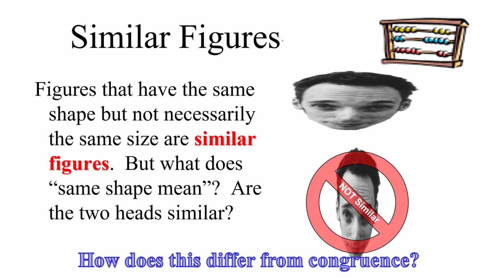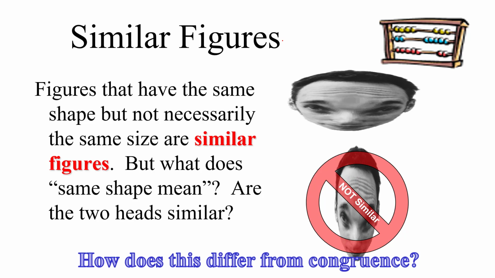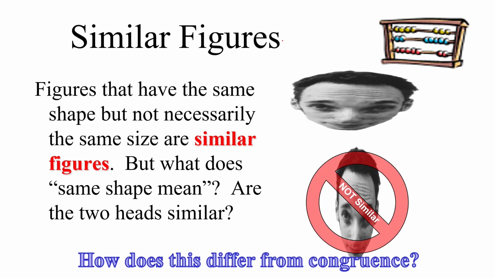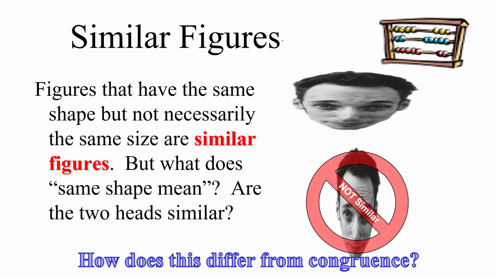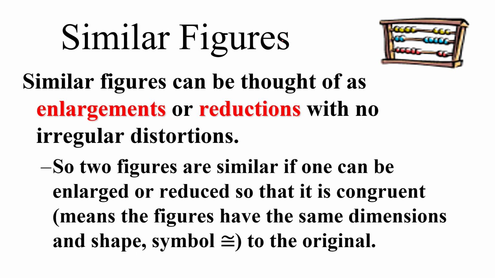That means these shapes cannot be horizontally stretched or vertically stretched. Similar figures cannot be horizontally shrunk or vertically shrunk. Similar figures can be thought of as enlargements or reductions with no irregular distortions. So two figures are similar if one can be enlarged or reduced to make it congruent to the other.